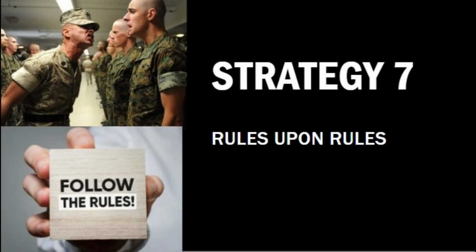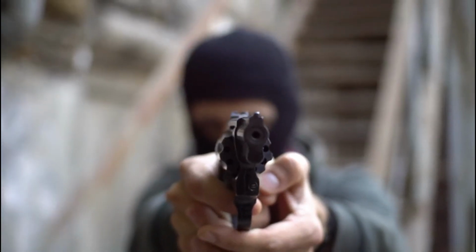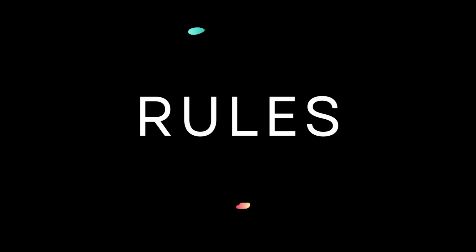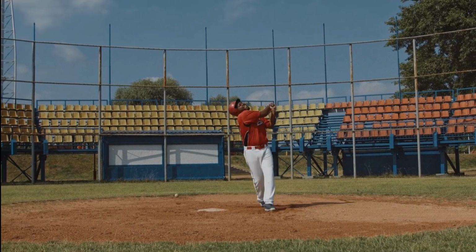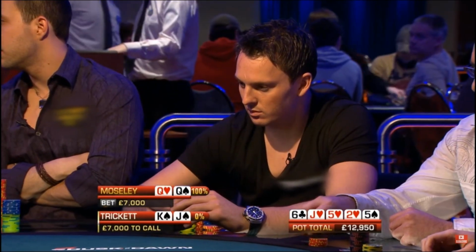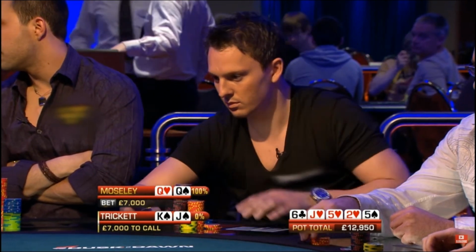Strategy number 7, rules upon rules, meaning you set certain parameters for when you're losing and when you're winning. One good example of this is the 3-strike rule, meaning if you take 3 losses in a row, you're out for the day. If you are on a 3-day losing streak, you're out for the week.